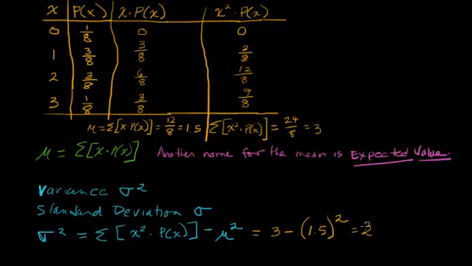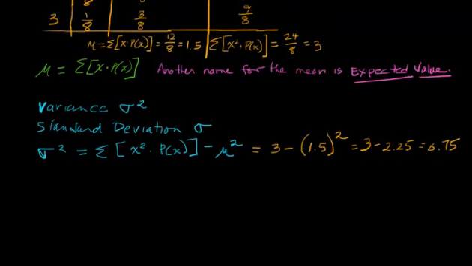Whoops, this should be a 3. Okay, 3 minus 2.25, or 0.75. Now I've found the variance, but what we want is the standard deviation.